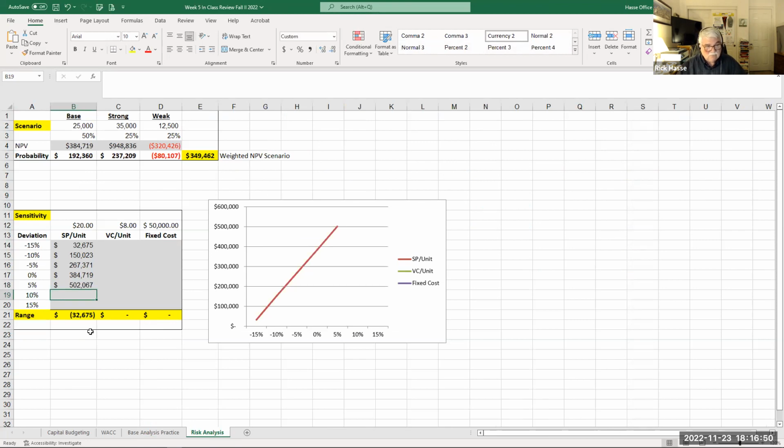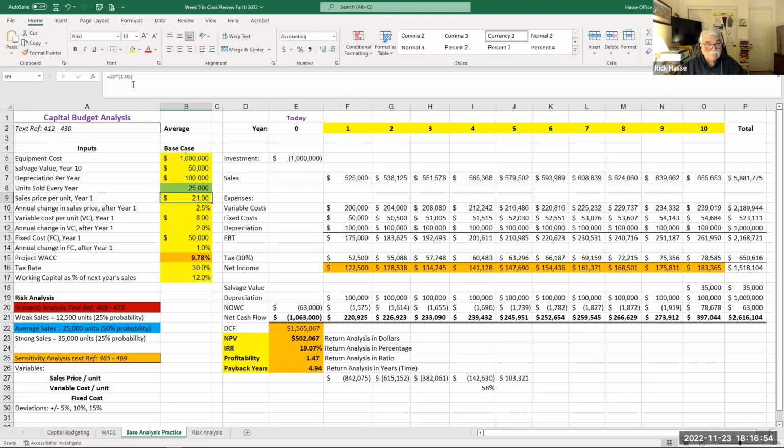Now a 10% increase in selling price, 1.10. 22 bucks. It's easy with $20. 619,416. See, that's the great thing about setting up your spreadsheets correctly.